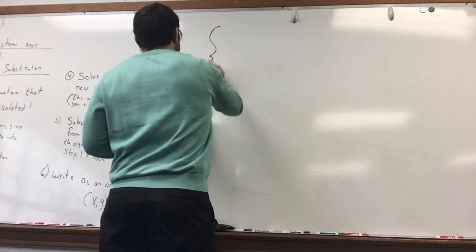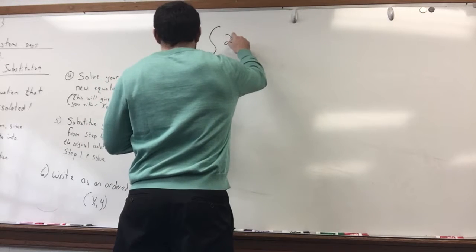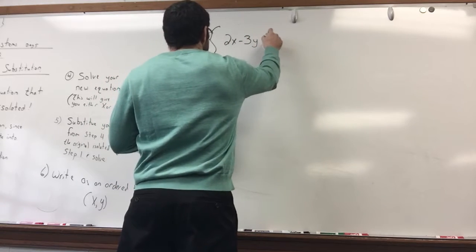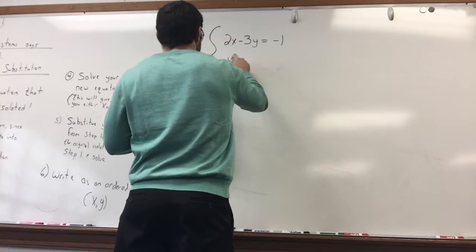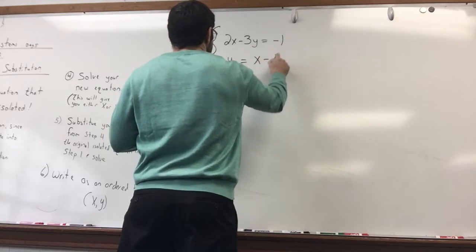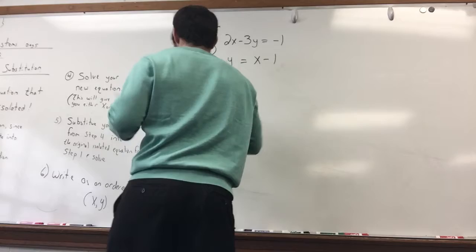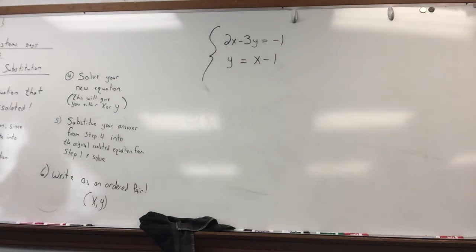So let's go. 2x minus 3y equals -1. Y equals x minus 1. I would like you to try to get through step 3. That's where we substitute into the new equation. So see if you can get to step 3.